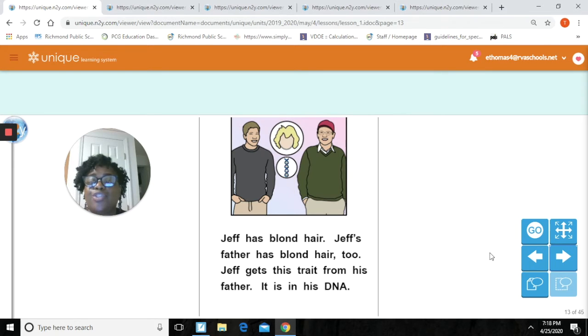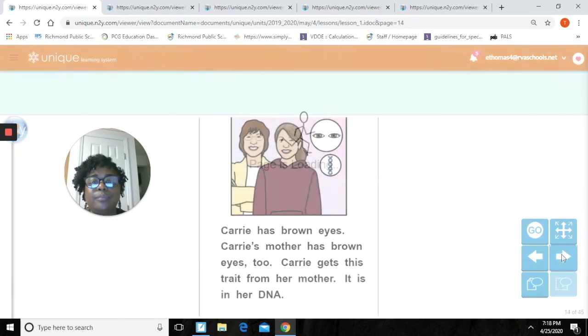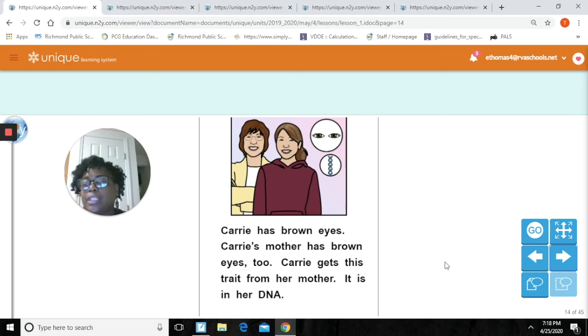Jeff gets this trait from his father. It is in his DNA. And as we go along, I want you to think about what Carrie and Jeff get from their parent, because I'm going to ask you that at the end of our story.